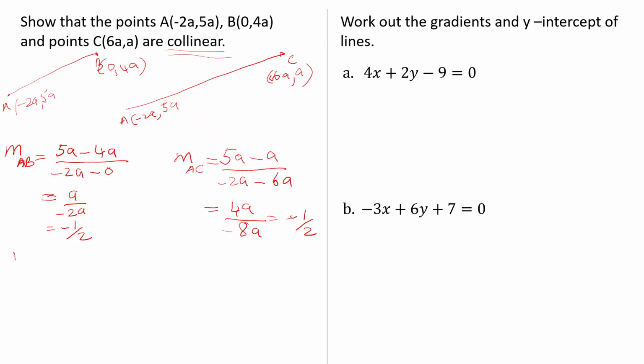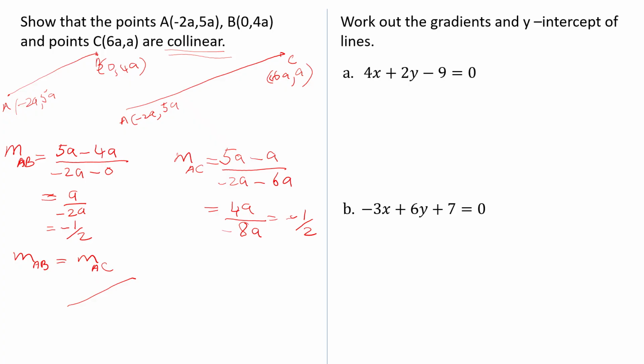So the gradient of AB is equal to the gradient of AC. The two lines AB and AC have the same gradient, so these two lines should be parallel. But the point A is common to both lines AB and AC.